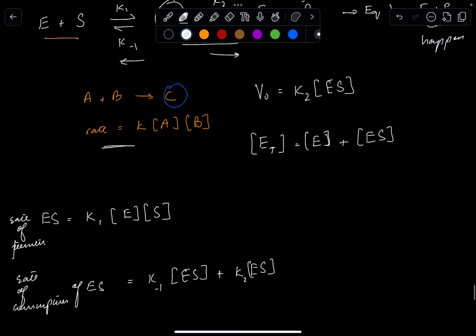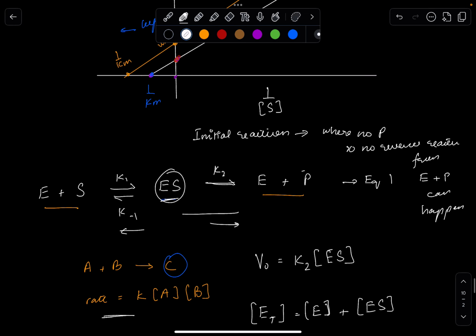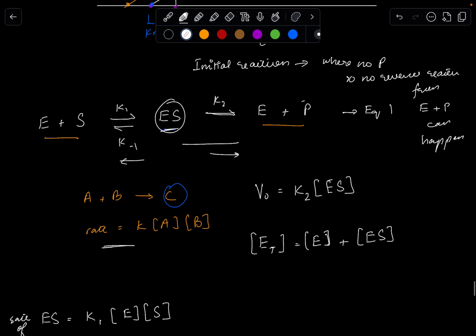Right? These are the two ways that this can go. And now there's another assumption we make. What is that assumption?